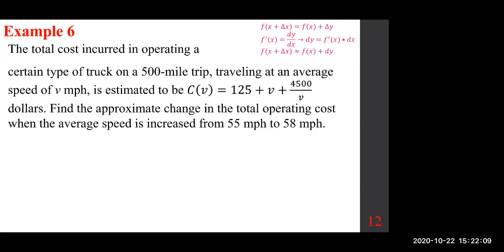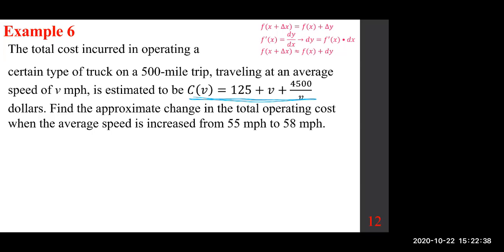Okay, wow. The total cost is given as C of V, where V is the average velocity, average speed, and is given as such, okay, class? We want to find the approximate change in the total operating cost when the average speed is increased from 55 to 58 miles per hour.